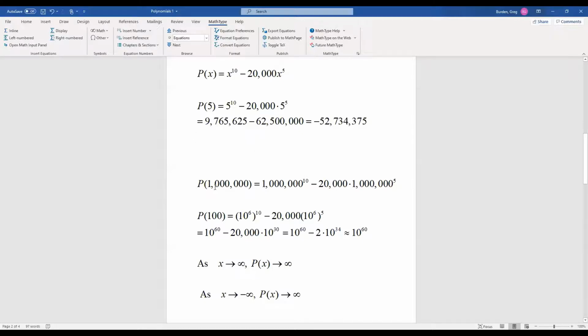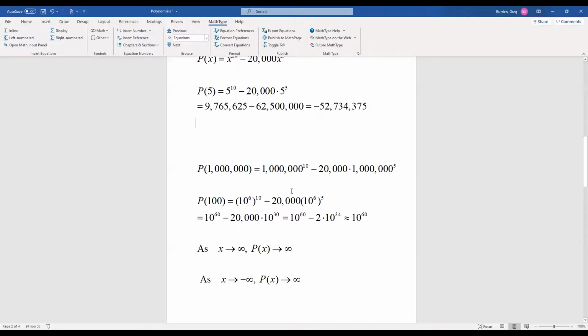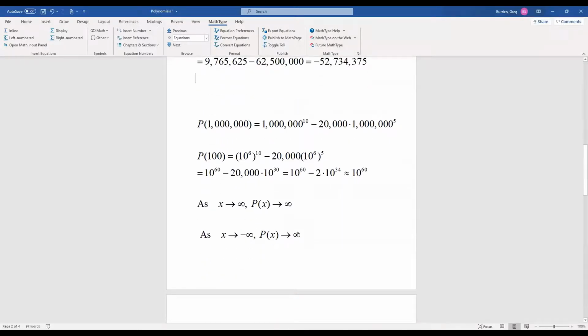So if we had P of a million in that case, we would have a million to the 9th. And if we had P of -1 million, we would have -1 million to the 9th. And that would be multiplying an odd number of negatives together, which would give us a negative result. And so in that case, the P of x will go down as x goes to the left.